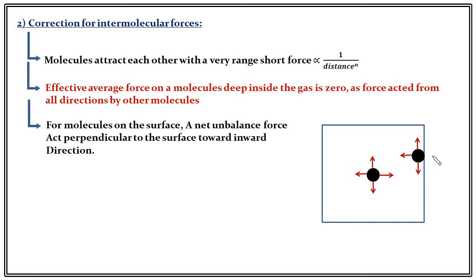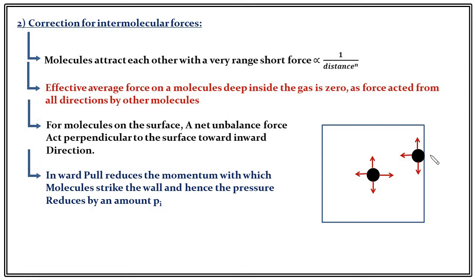There is no molecule on the right of this molecule. As a result, there is no force towards the right direction. Therefore, there is a net unbalanced force towards the inward direction. And because of this unbalanced force, the momentum with which the molecule strikes the wall is reduced. And as the momentum is reduced, the pressure is also reduced by an amount, let's say, pi.